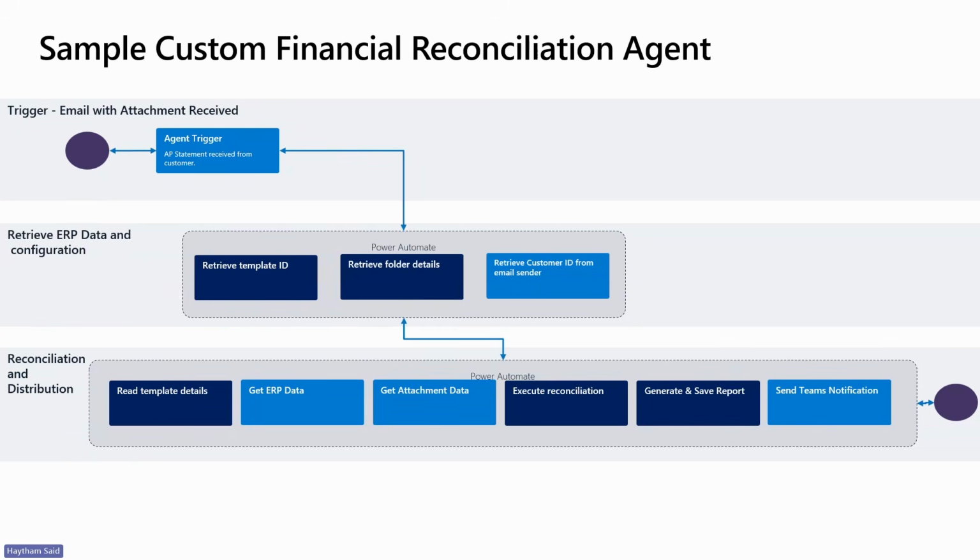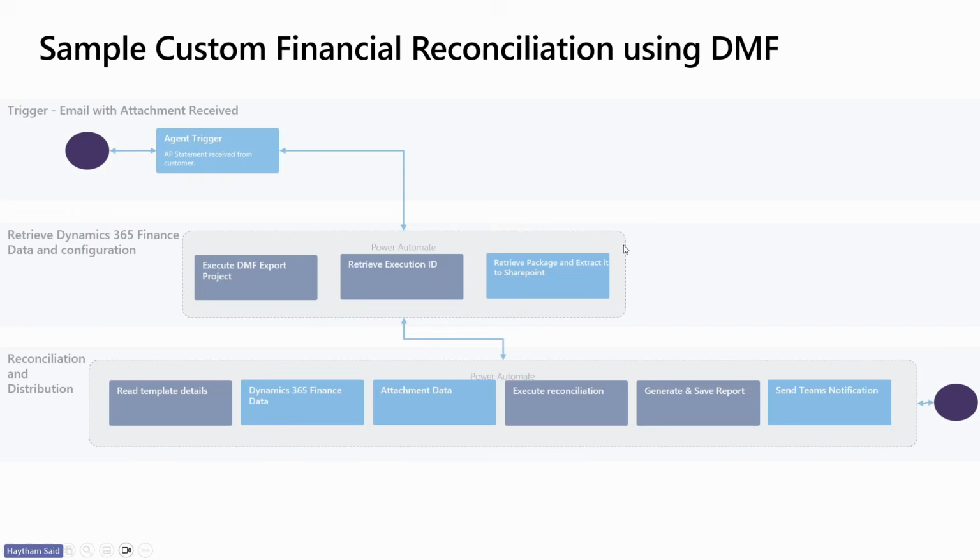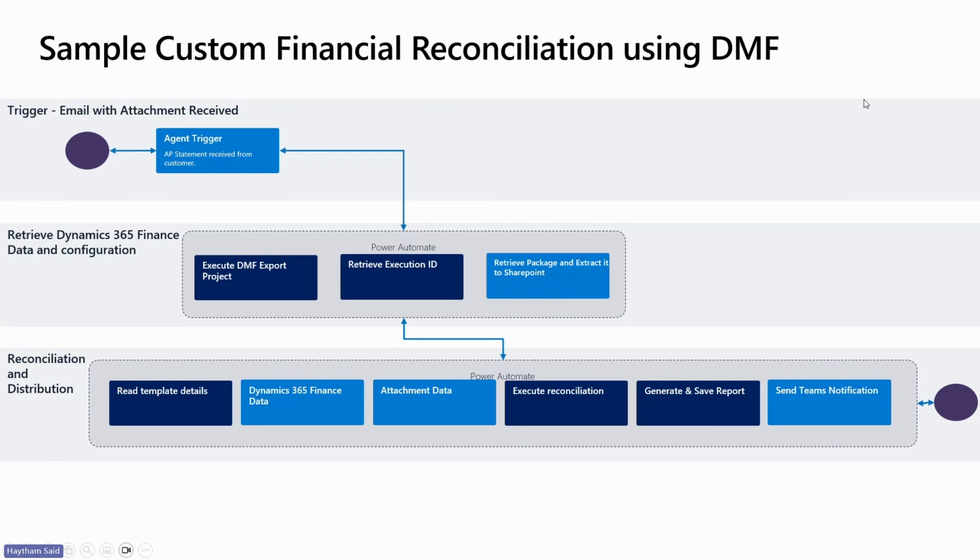And when MCPs, like the model context protocols, will be available, you can basically call them and they will create anything for you in FNO, BPA, whatever you want. So a couple of things to think of. For one of the sources, you can use DMF.